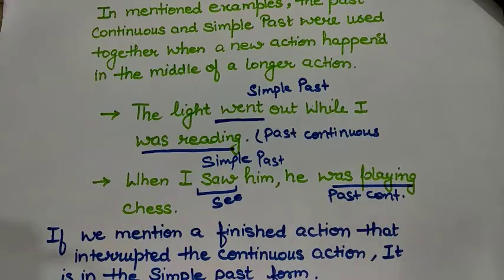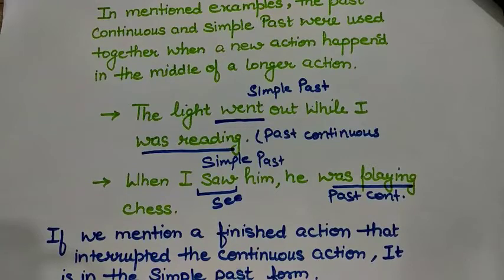That when he was playing, when I saw him. So basically, this action is interrupting. So we can say that if we mention a finished action that interrupted the continuous action, it is in simple past form. We have to use that sentence in simple past form.